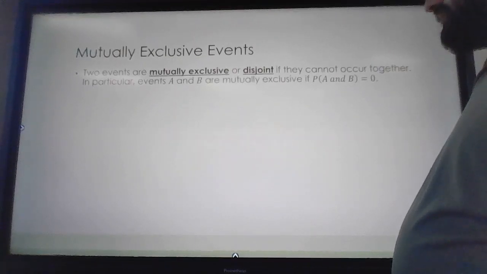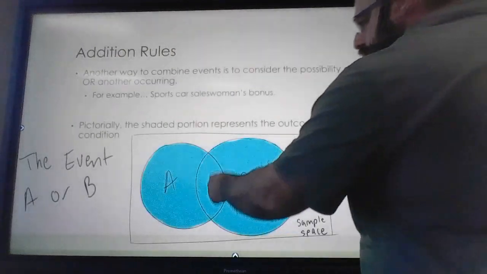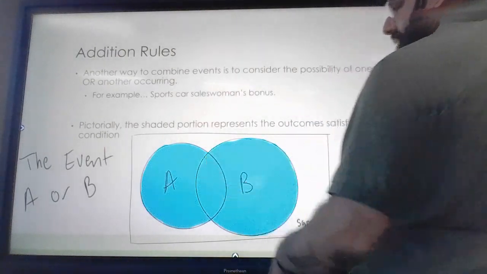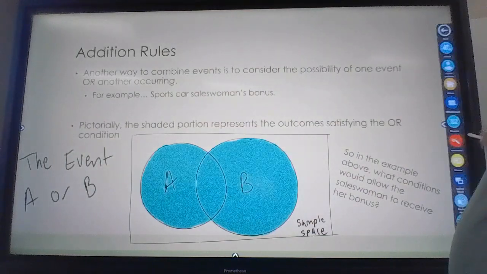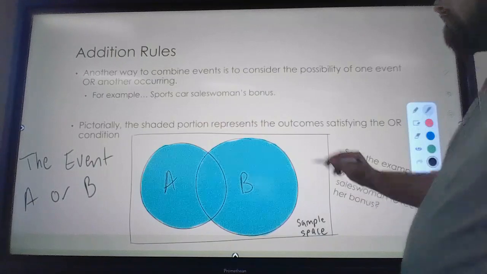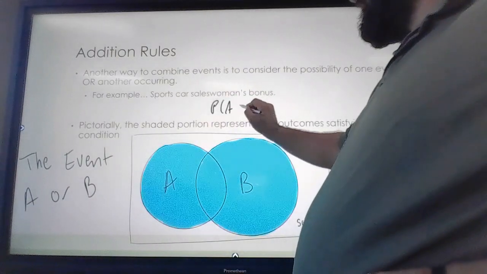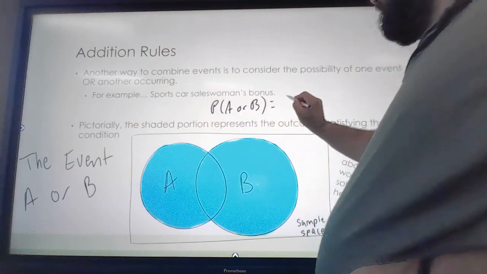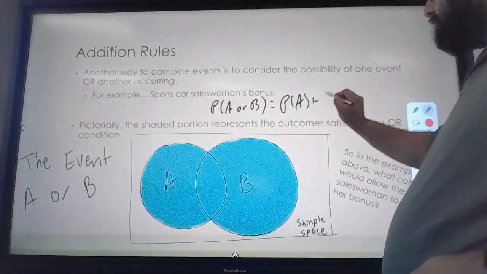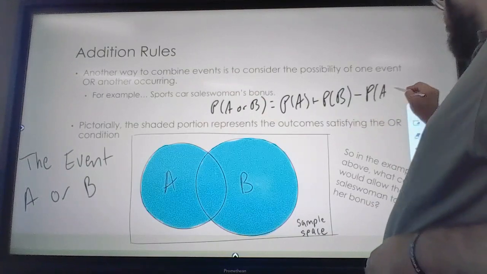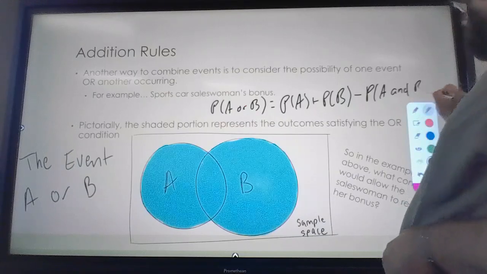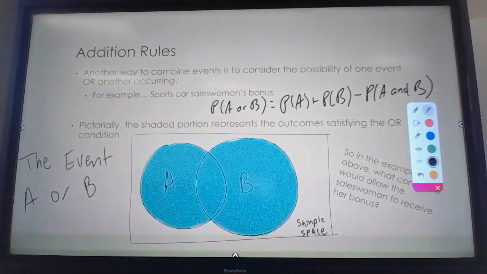And again, going back to the Venn diagram, by subtracting this, we eliminate anything being counted twice, right? I'll write it out here so you can see it a little bit better. The probability of A or B, that's the probability of A plus the probability of B minus the probability of A and B. Okay.